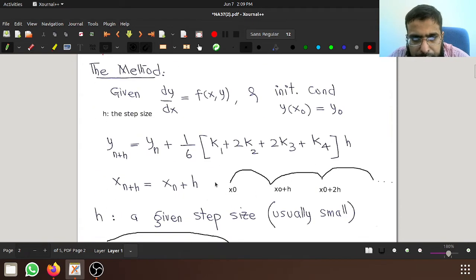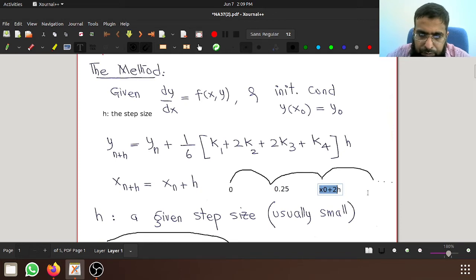In this case, the initial value is 0, and the first step will take us to 0.25, the next step takes us to 0.5, and finally we will be at 0.75. So we'll start from 0 and take 1, 2, 3 jumps.